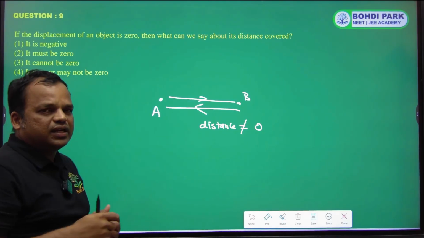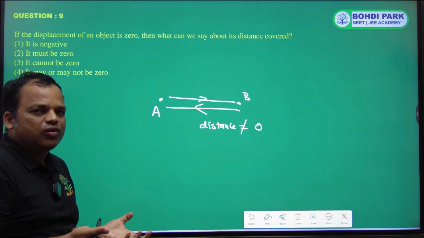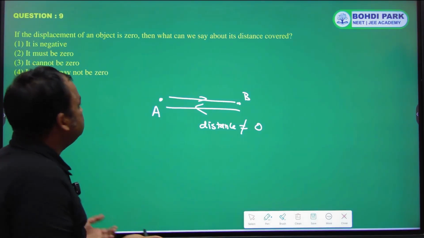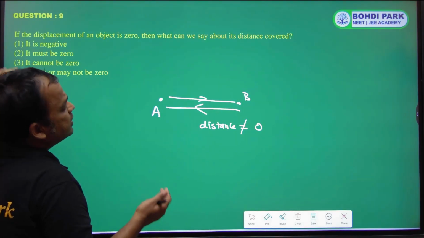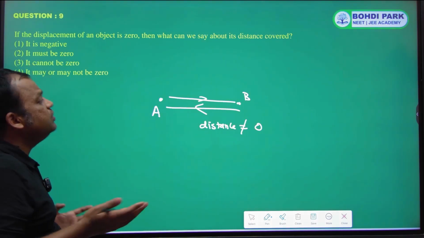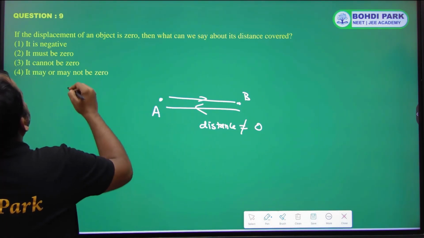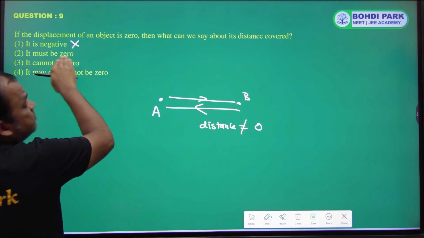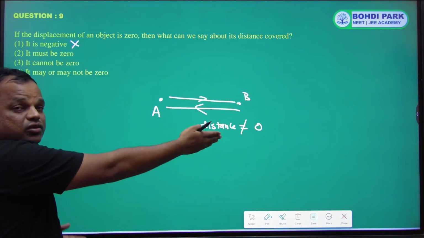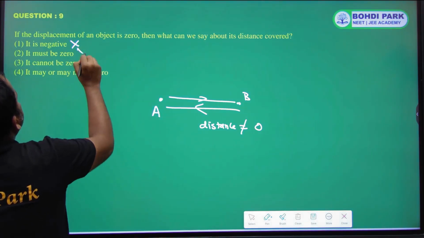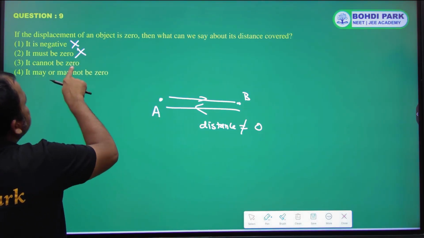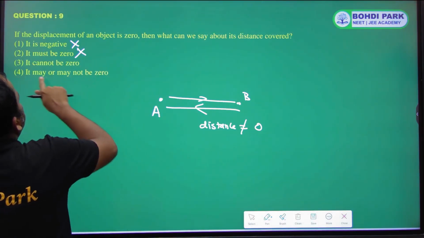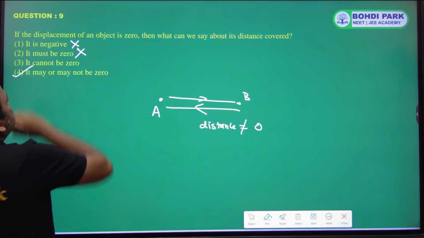And suppose particle does not travel at all, particle is not moving at all, then distance is 0. So distance can be 0 or can be positive. It cannot be negative. Must be 0? No, it can be non-zero also. It cannot be 0? It can be 0 if particle not traveled. It may or may not be 0. So fourth option correct.